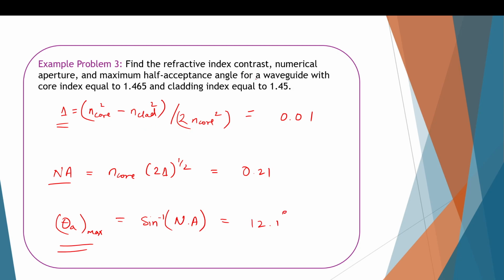So we can see, right, for a typical optical fiber, the refractive index contrast is basically 1%, right? Now we can contrast this with, next we'll find it for a waveguide. We can see how this contrast is different for a waveguide.